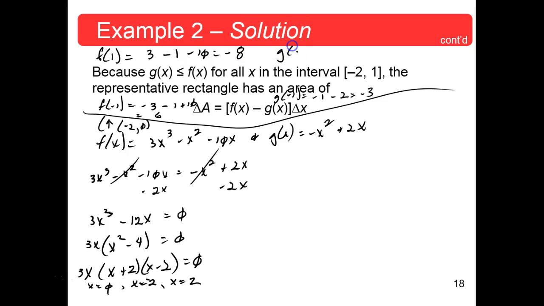Let's do g of 1, and what would it be? -1 plus 2, which is 1. Who's on top there? G. So G is on top between 0 and 2. Okay. Makes sense? F is on top between -2 and 0, and G's on top between 0 and 2.